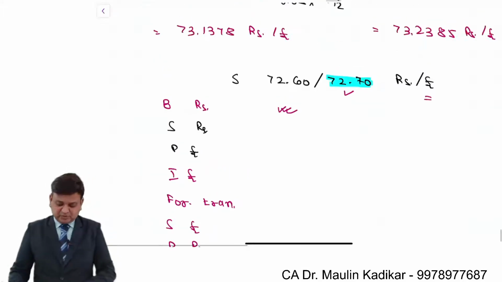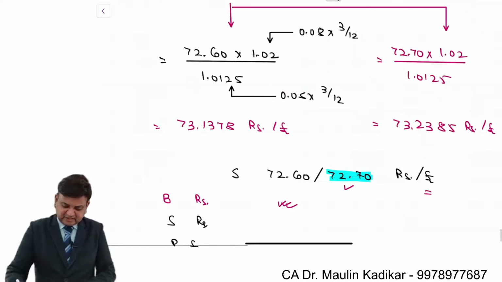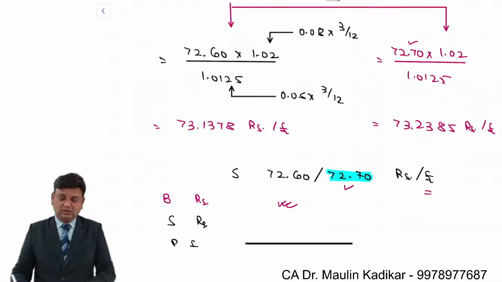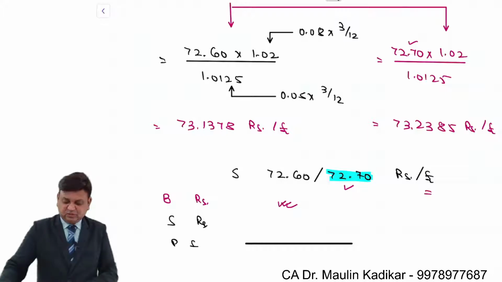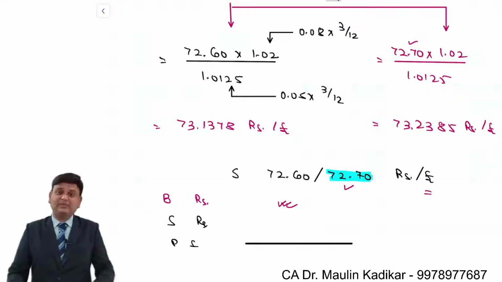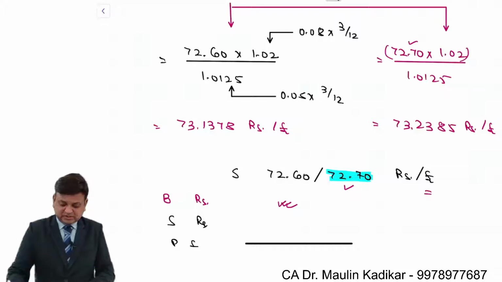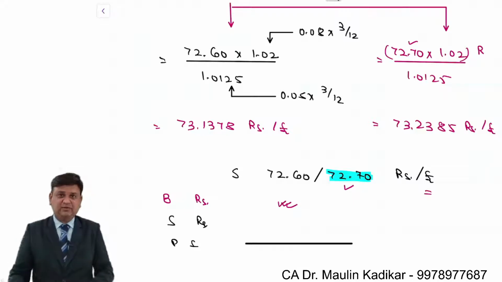Listen carefully what I am going to speak now. 72.70 is what you have borrowed. So 72.7 plus 2%. So you have to make a repayment of the loan of 74.154. That is product of these two. So this is the repayment of the loan that you have.